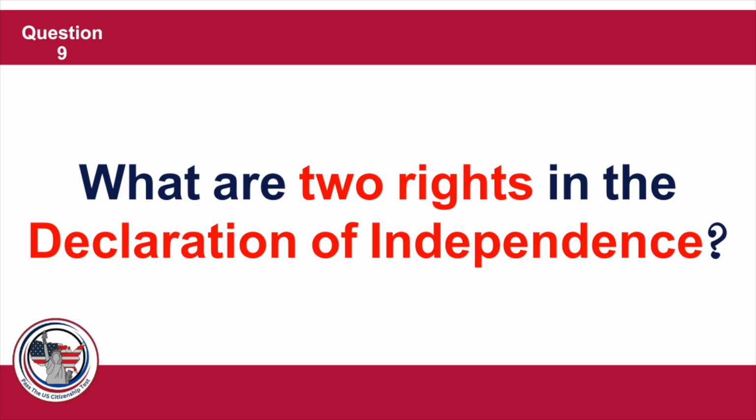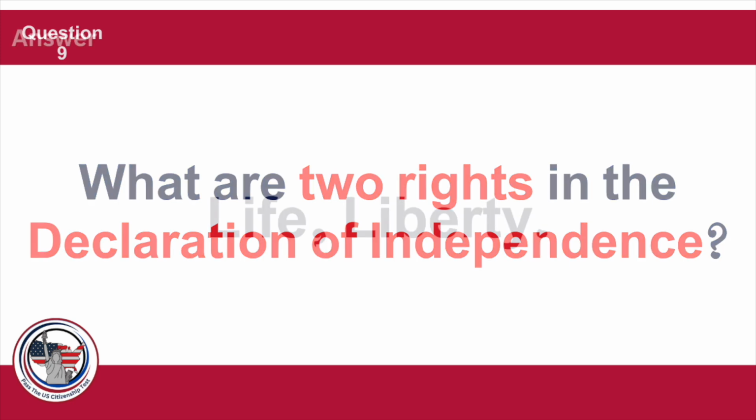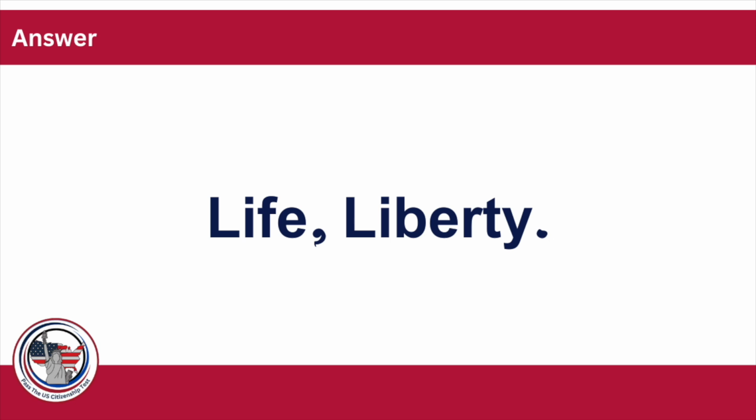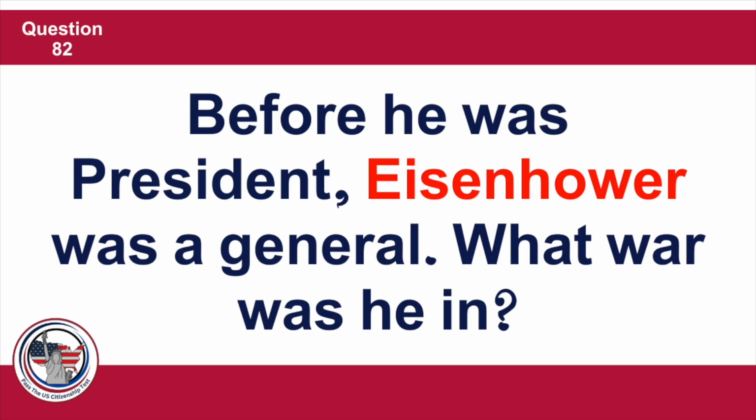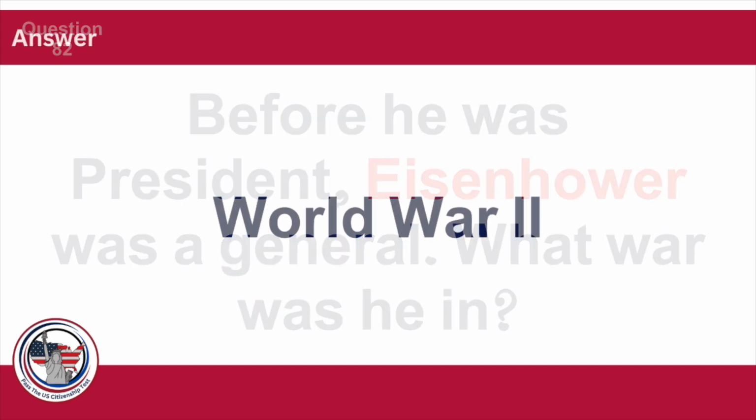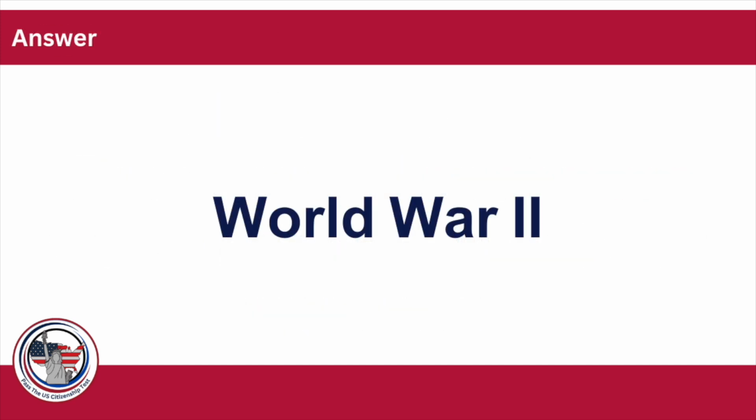What are 2 rights in the Declaration of Independence? Life, liberty. Before he was president, Eisenhower was a general. What war was he in? World War II.